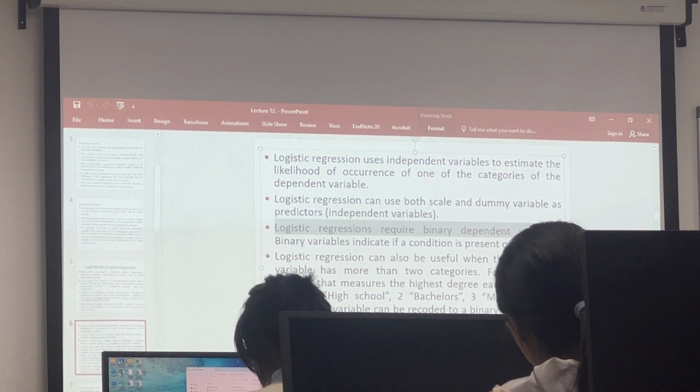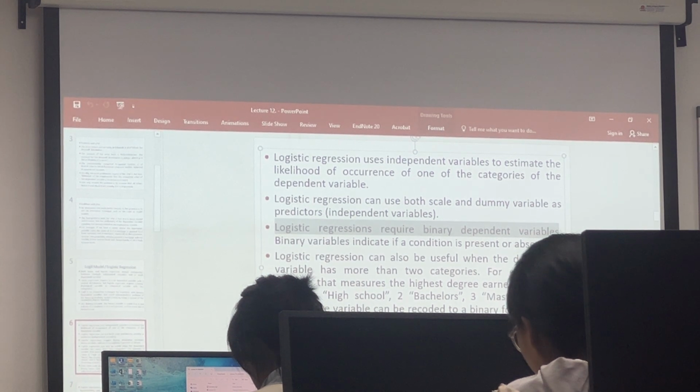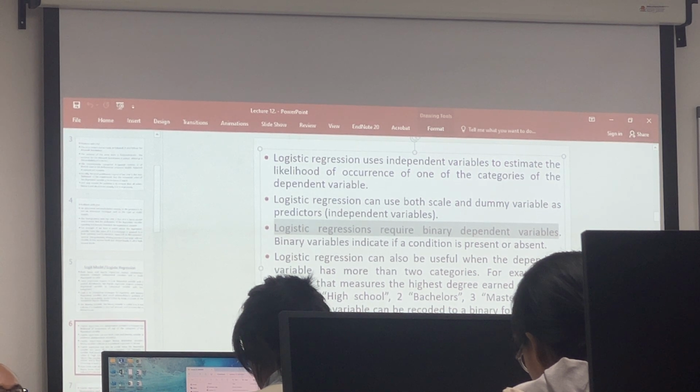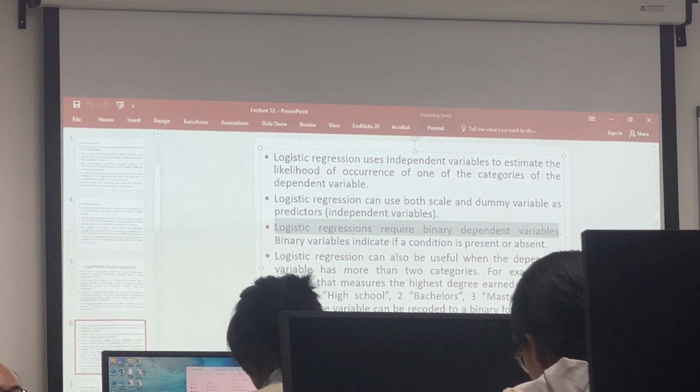Even some scale variables can be recoded so that they take on binary form. One way of categorizing a scale variable is to indicate if each observation has a high value or low value. So let's say you have income data. Income is a scale variable, but you want to construct a logistic regression to predict whether someone is high income or low income.